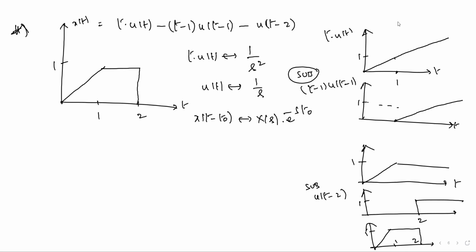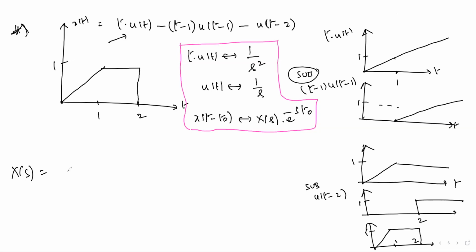We know these properties. Then x of s, what we can do? This is x of t. You need to find the Laplace transform of this signal. That is nothing but Laplace transform of this one. So t into u of t, that is 1 by s square.